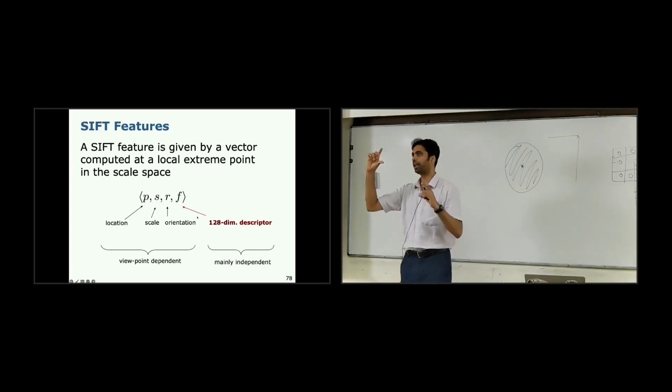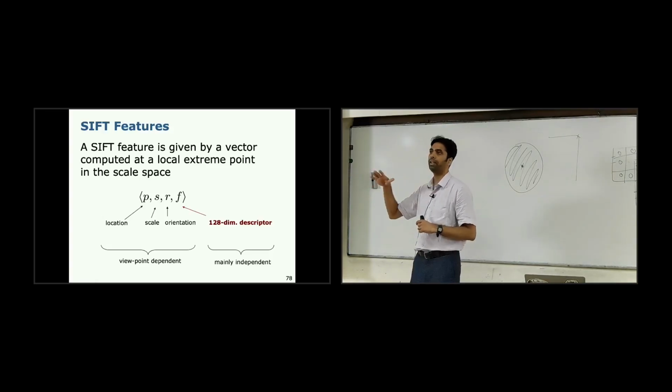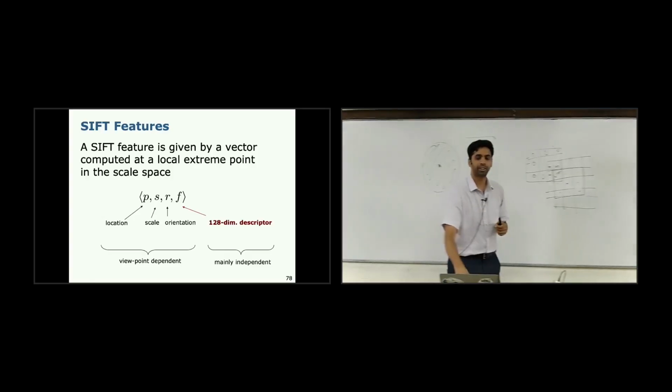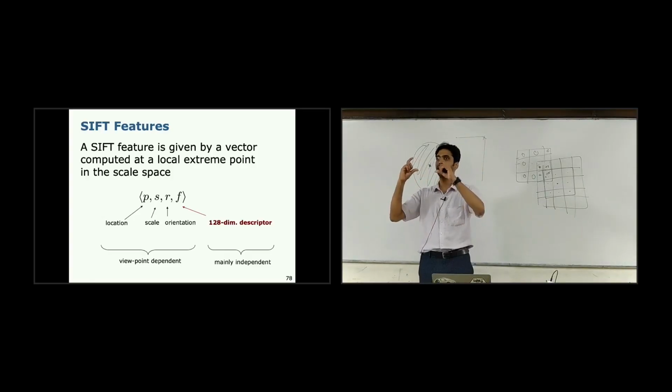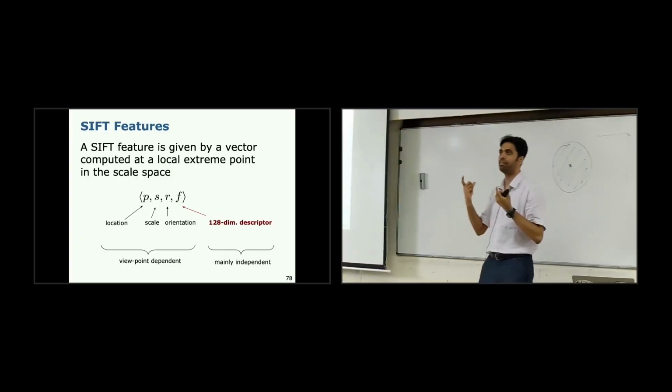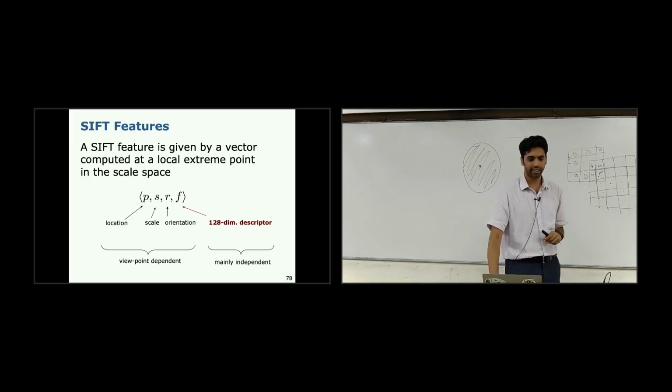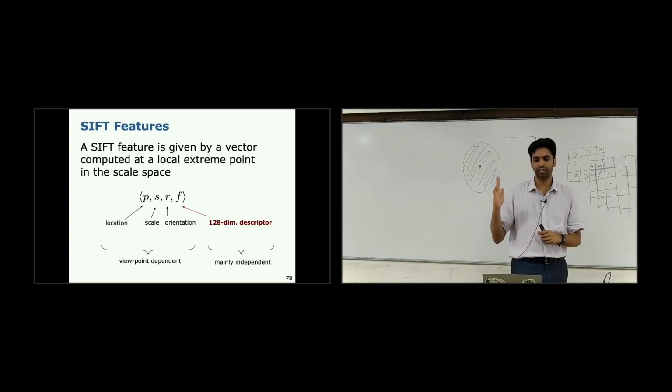No matter how you take it, F will be the same. And that's a very powerful property, because if the F vector will be the same no matter how you looked at it, you can match it no matter how you took the image. So that's the idea of having this invariant feature that's invariant to these different properties.